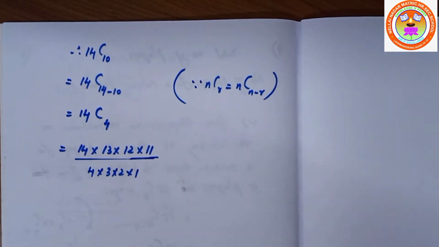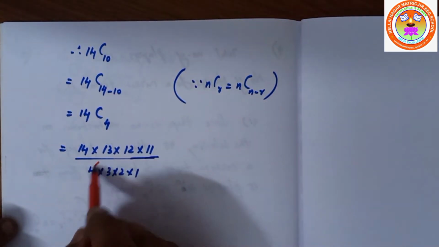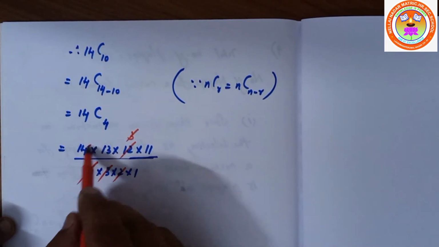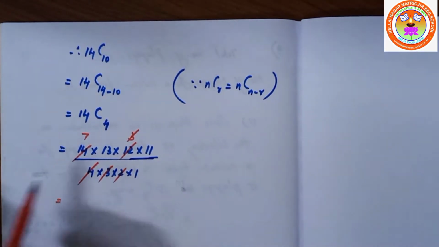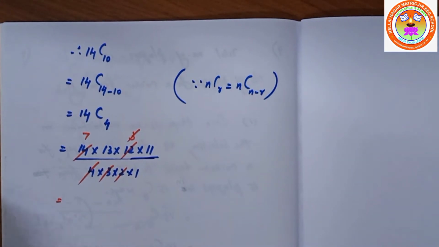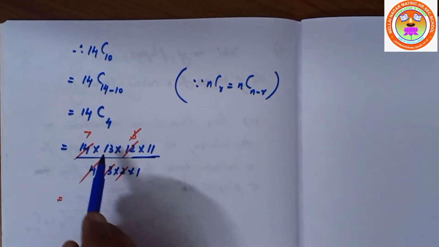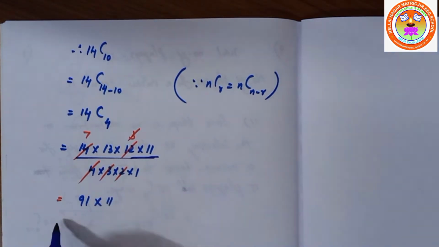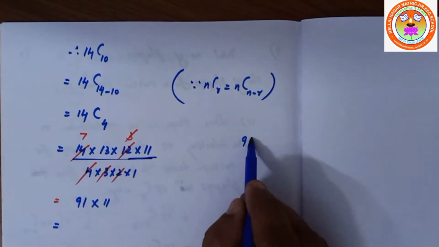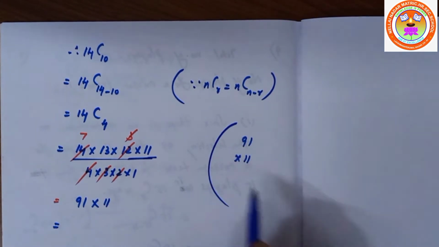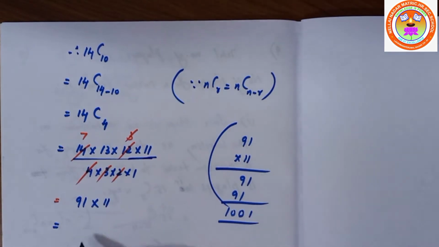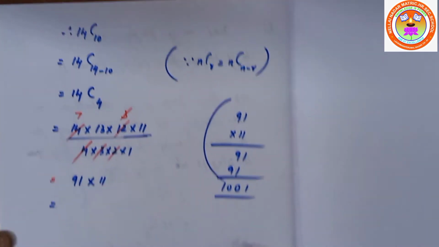Now we can simplify 4 table 3 times, 3 get cancelled, 2 table 7 times. That is equal to 7 into 13, that is equal to 91 into 11. 91 into 11, that is equal to 91, again 91, 1 0 10, that is 1001.